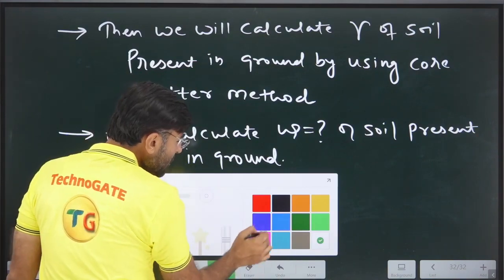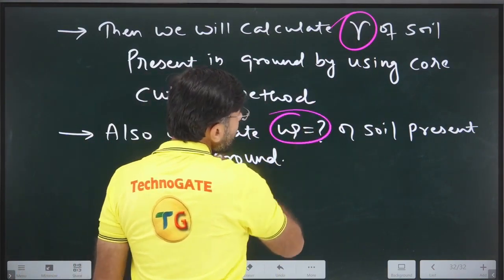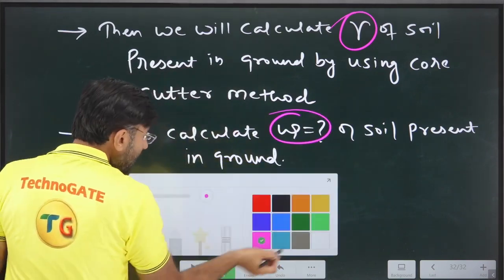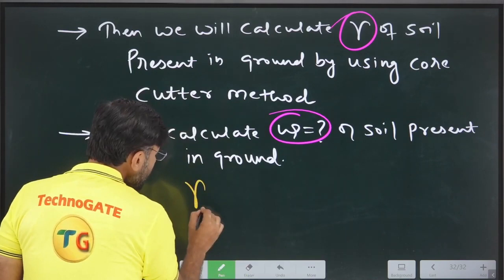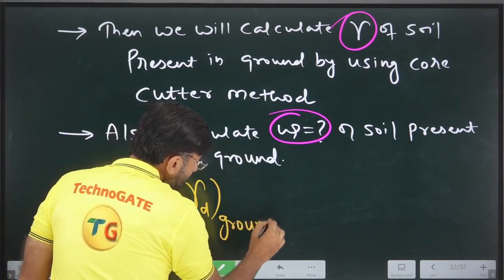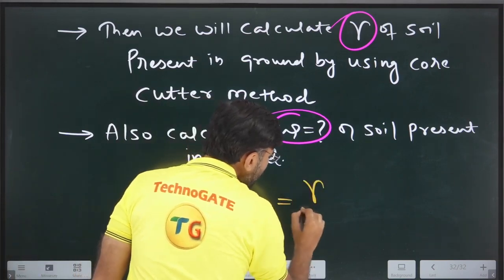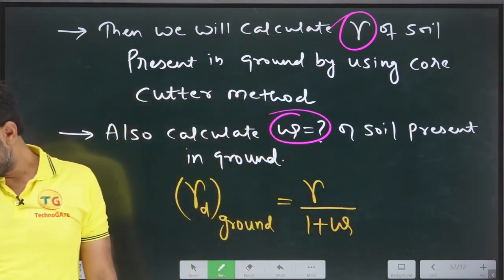So for the soil which was in the ground, I am having the value of gamma and I am having the value of water content. Can I get the value of gamma d for the soil which was present in the ground, and that will be equal to gamma upon 1 plus w?